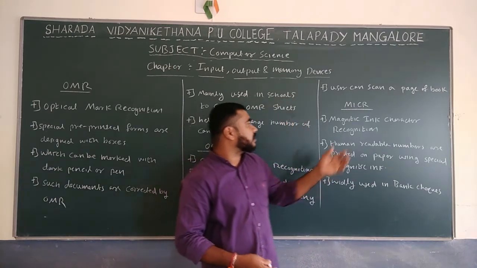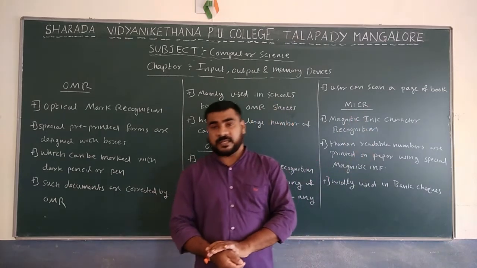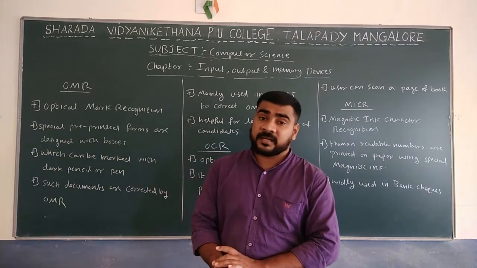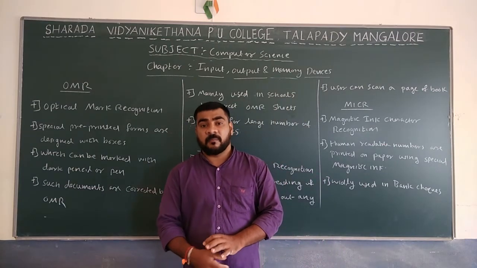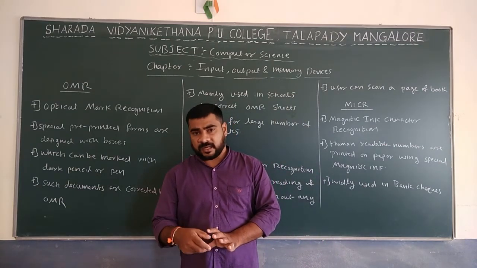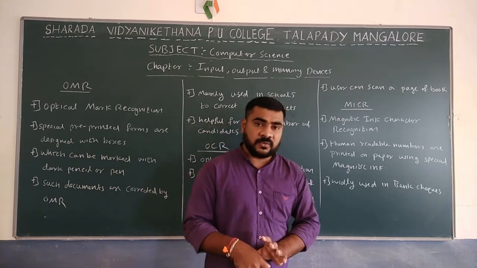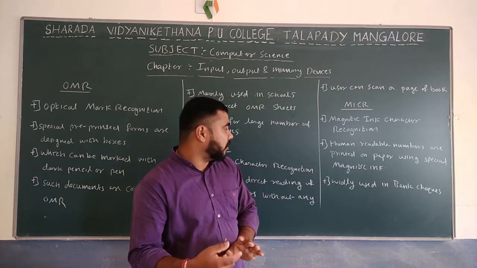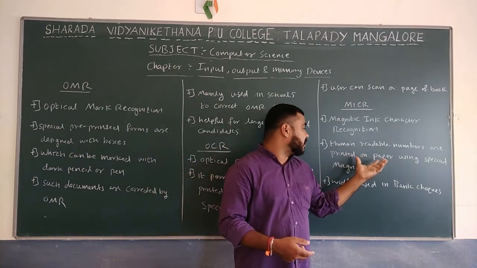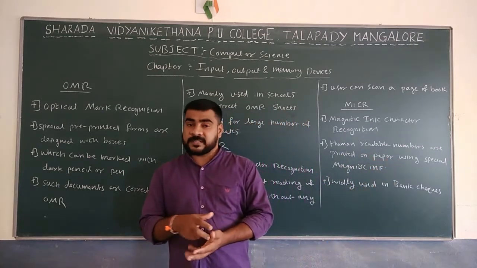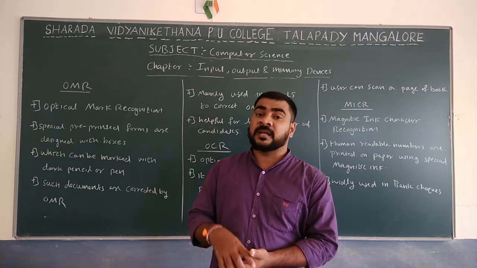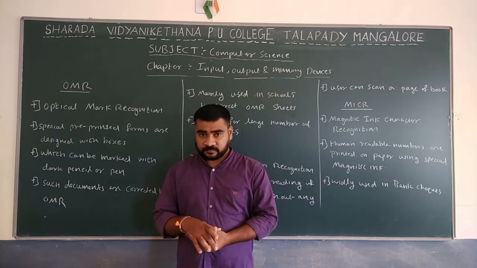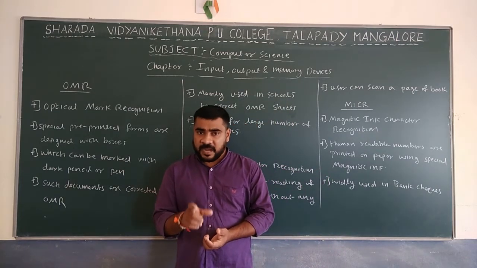The next input device is MICR. MICR means magnetic ink character recognition. It is mainly used to read bank checks. Human-readable numbers are printed on the paper using a special ink, and that special ink uses magnetic power.